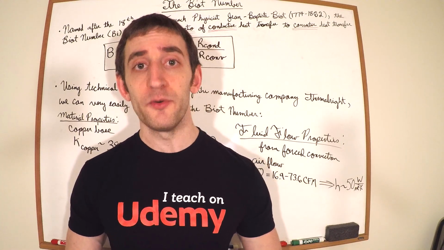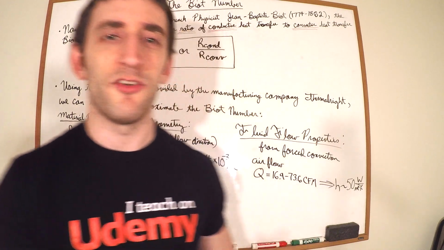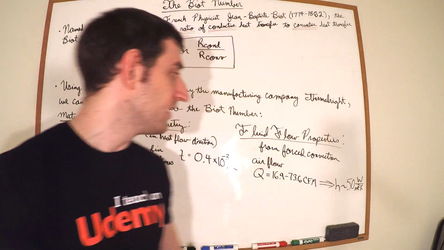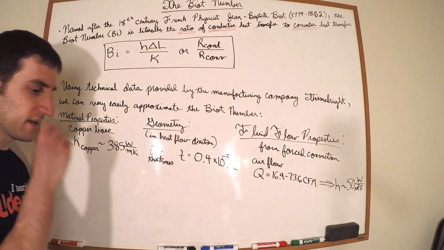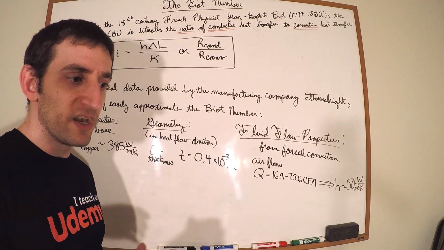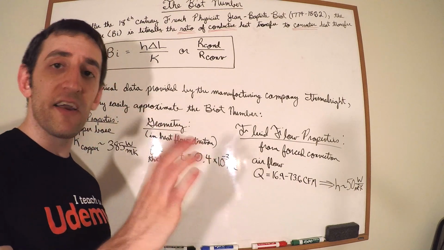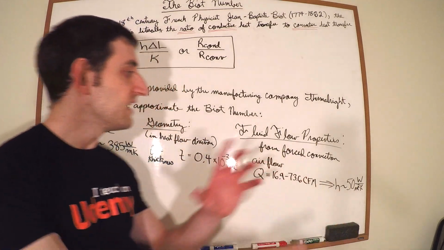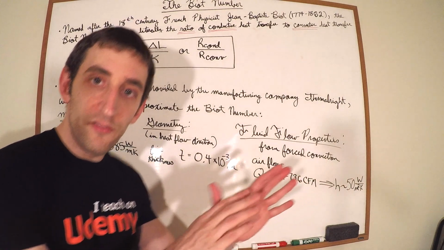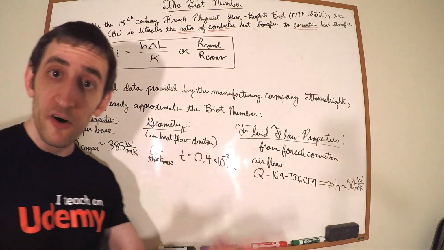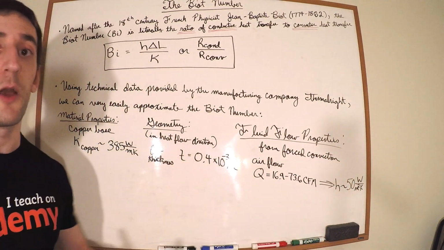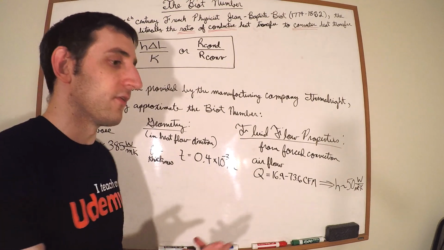I'm going to refrain from doing so because that would take up too much time. That's not the intent of this video. Instead, we can take general relationships and use different sources for getting tables. But what is very important to understand is that the flow of the fluid, the bulk movement, as I mentioned previously, determines the value of the heat transfer coefficient.